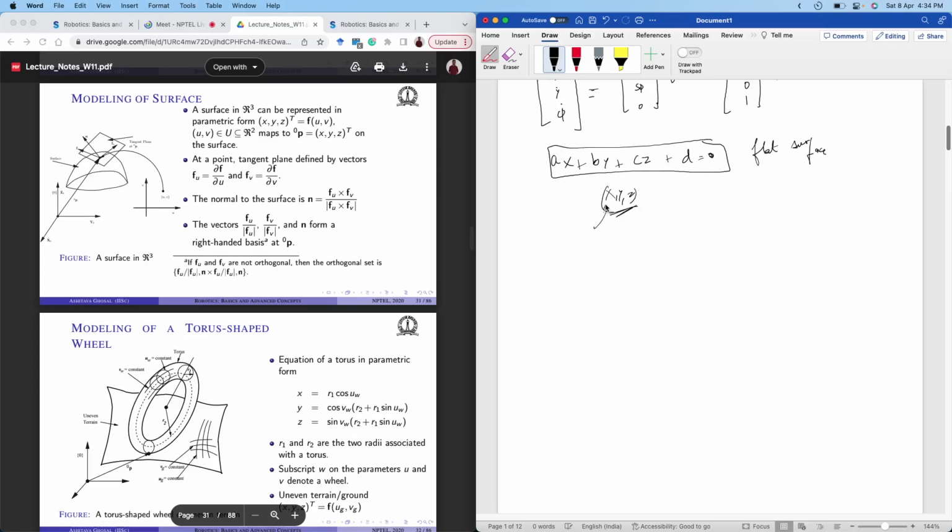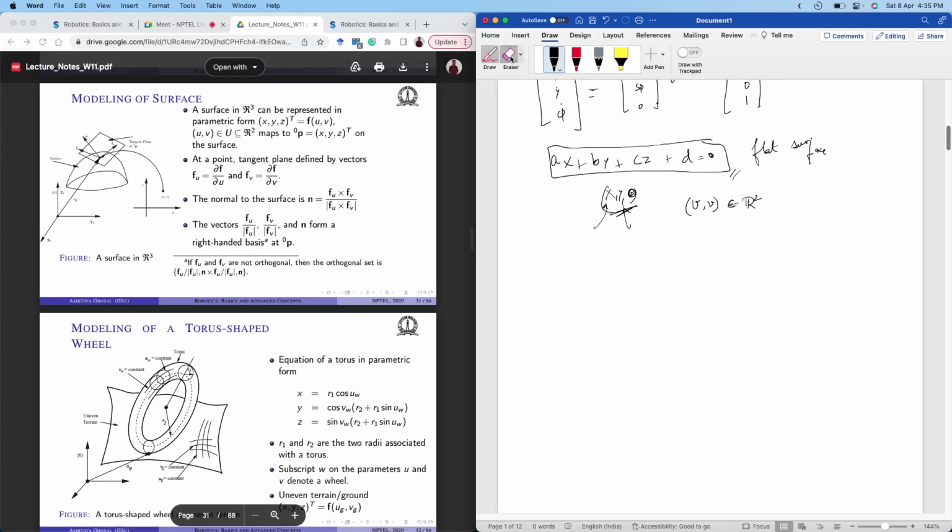Once you have chosen, let's say, x and y, z is automatically defined by this equation. So that is why in parametric form you choose the independent variables. These, for a surface, will belong to R2.